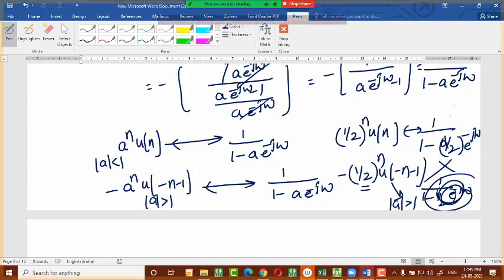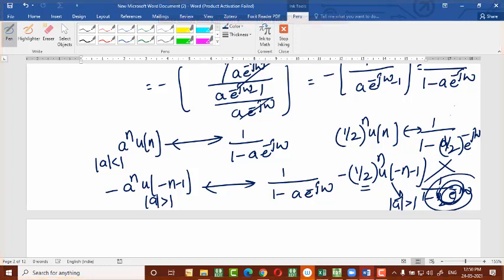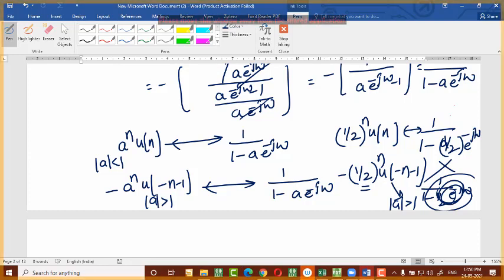In the books they have given with respect to a only. For a power n u of n, the answer is 1 by 1 minus a into e power minus j omega, and for the second problem, minus a to the power of n u of minus n minus 1, the answer is 1 by 1 minus a into e power minus j omega. By seeing, these two answers are looking same, but if you know the concept, these two answers are different, because the first one is valid whenever a is less than 1. That means a cannot be 2, a cannot be 3, a can be only fractional values, a should be less than 1 only.